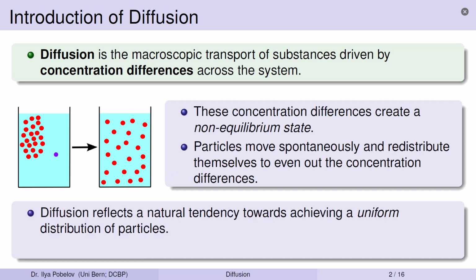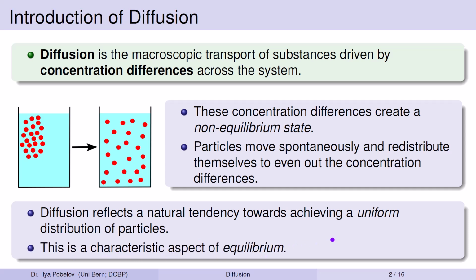This process, diffusion, reflects a natural tendency towards achieving a uniform distribution of particles, which is a characteristic aspect of equilibrium. To continue our discussion of diffusion, understanding the mathematical concept of the gradient of a three-dimensional function is crucial.